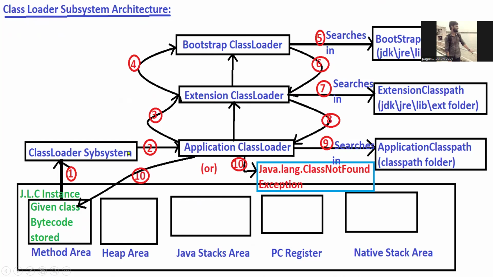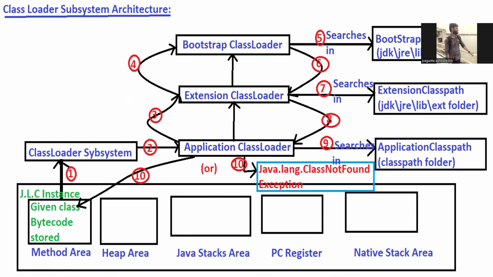Then the request goes to the application class loader, which delegates to the extension class loader, which delegates to the bootstrap class loader. These three class loaders check whether this class file is available in their class path or not. If it is available, it is loaded and stored in the method area. If it is not available, you will get the java.lang.ClassNotFoundException. Okay, clear, right?